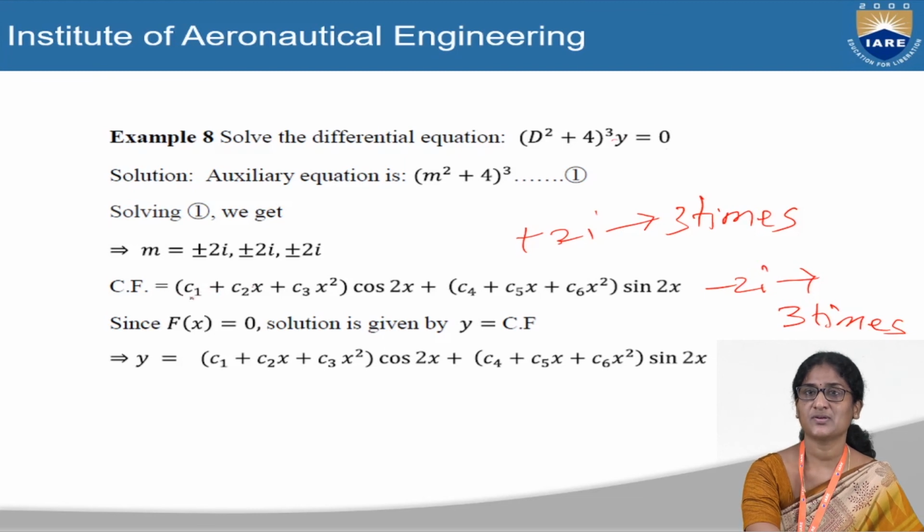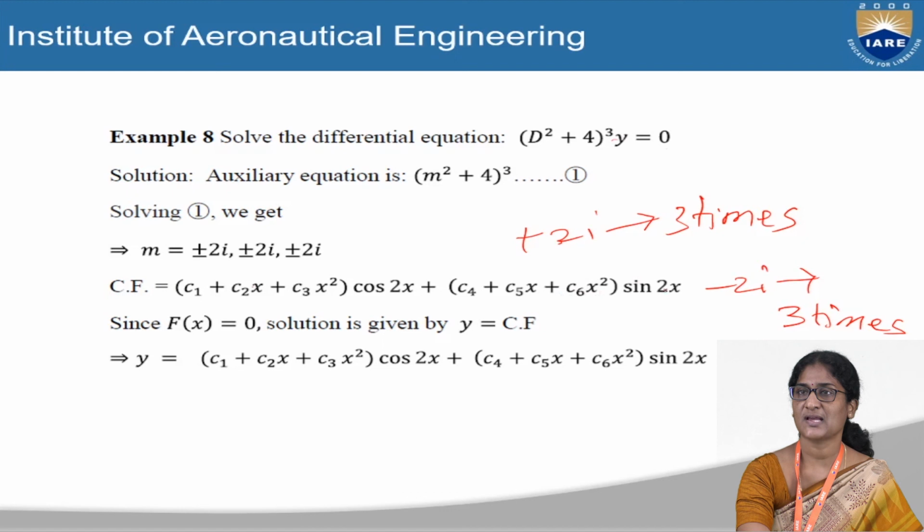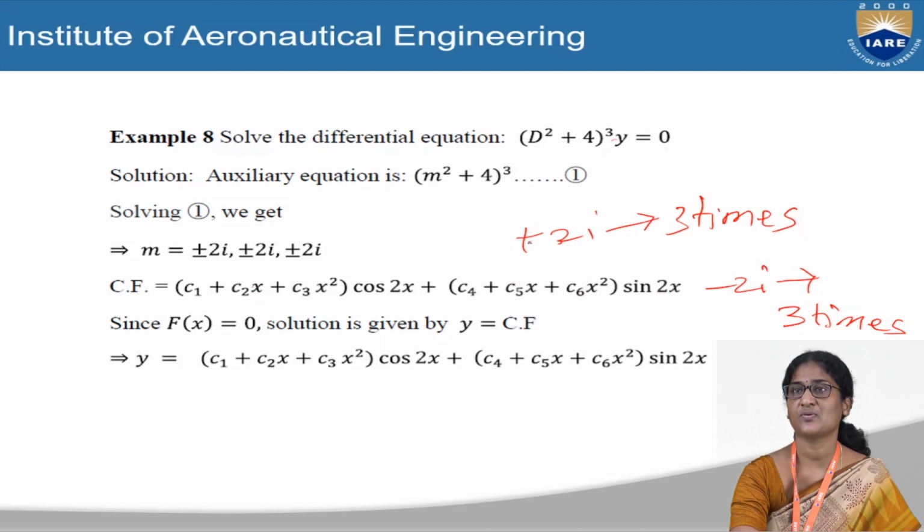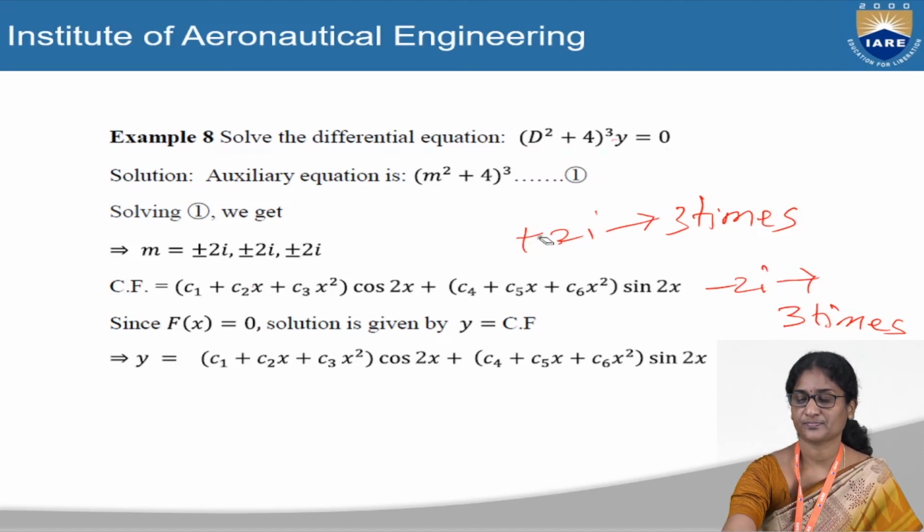Simply c1 is enough. So: (c1 + c2x + c3x²) cos 2x + (c4 + c5x + c6x²) sin 2x. This is how we write the complementary function for this homogeneous differential equation, (D² + 4)³ y = 0.